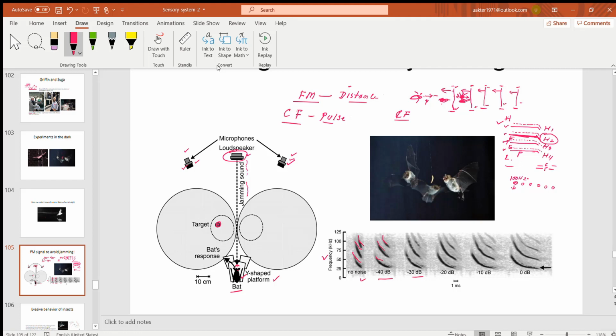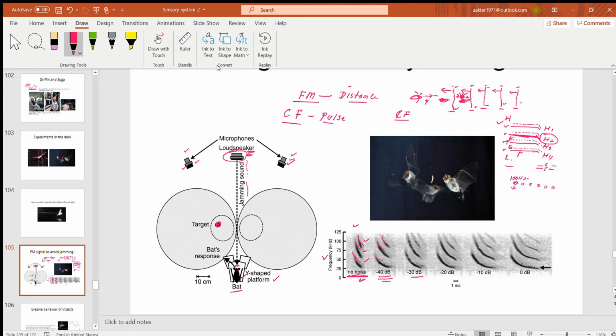So these are the pulses the bat uses, FM pulses, at different harmonics, and this loudspeaker is silent. Okay, no noise is being presented. Then the loudspeaker was turned on, and noise was presented.